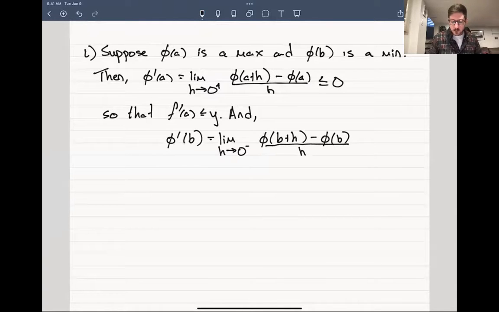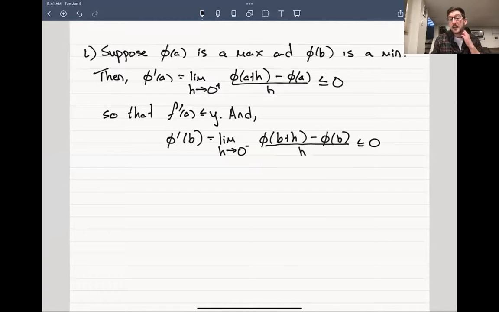Now, in this case, you have a minimum, which means the top of this quotient is greater than or equal to 0 because phi of b plus h is greater than or equal to phi of b. But h is approaching from negative values. So you have positive on top, negative on the bottom. Again, you've got less than or equal to 0 here.